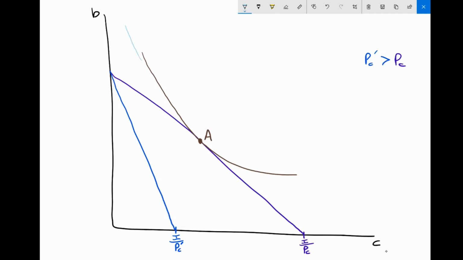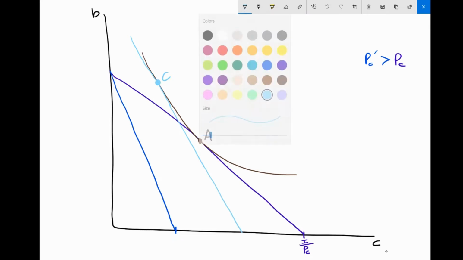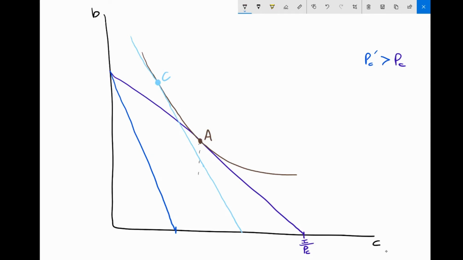Their income increases to compensate them for the increase in price. So here is bundle C. I'm going to erase this for now to do a clear illustration.